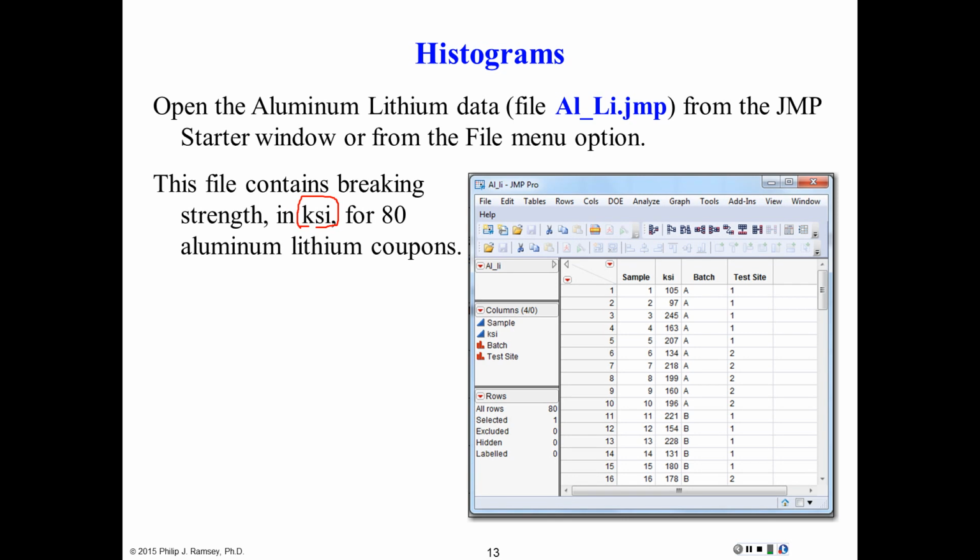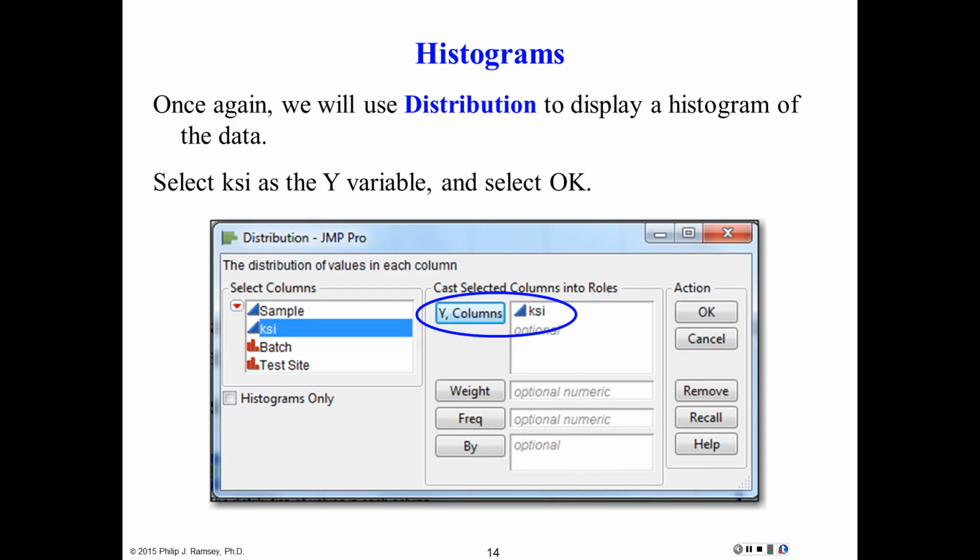So basically, it's a measure of how much force was required to break the coupon. A designer for an airframe would want to know, how much stress can this particular component withstand? And this is part of trying to answer that question.